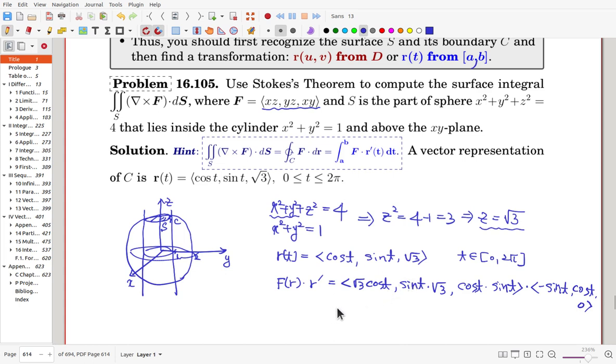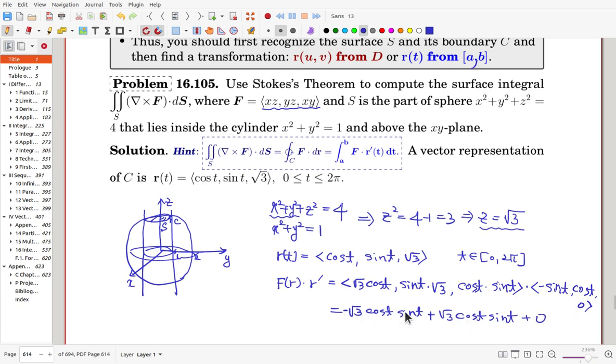So from here, the product is minus square root of 3 cosine t and sine t. And second one is plus square root of 3 cosine t, again sine t. Last one, this product is 0.